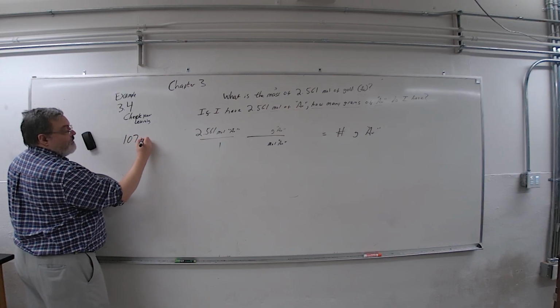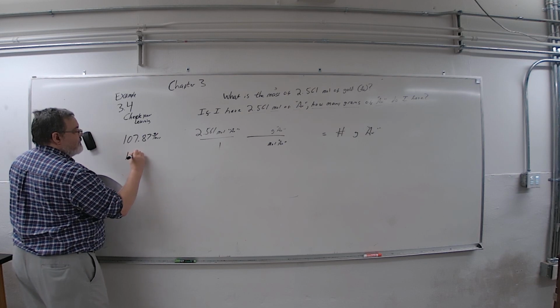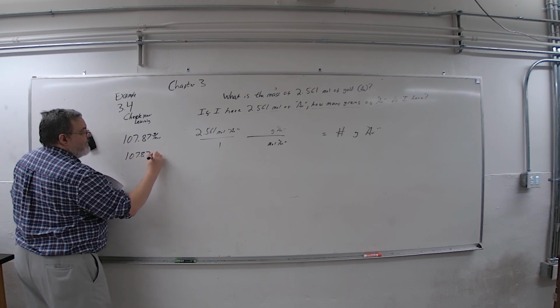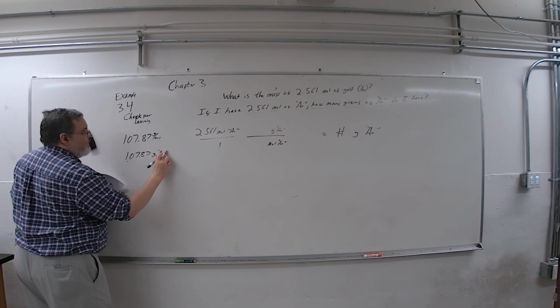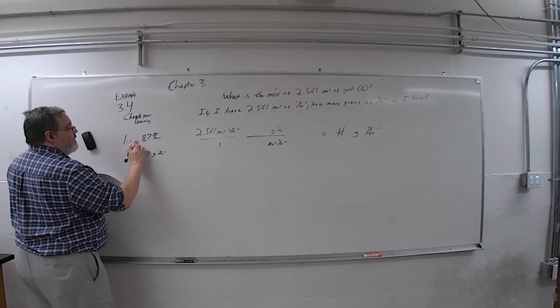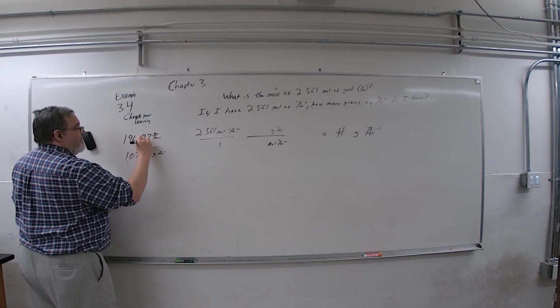Grams per mole. That's 107.87 grams of Au. That's for silver. Au is 196.97. Sorry. No problem.